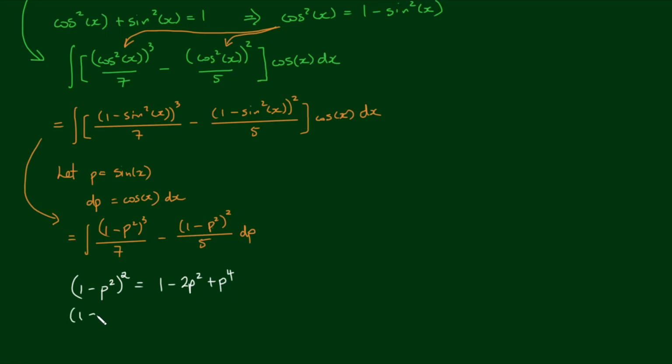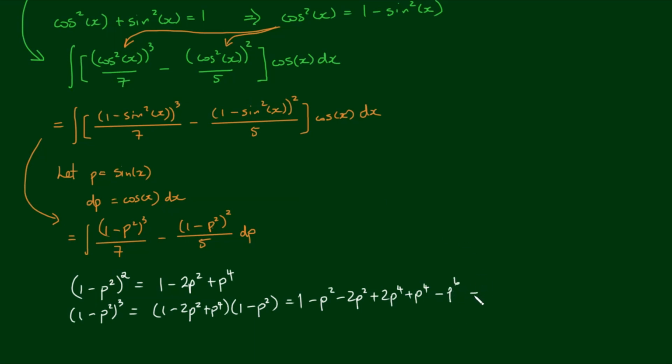And then (1 minus p squared) cubed is equal to (1 minus 2p squared plus p to the power of 4) by (1 minus p squared), which equals 1 minus p squared minus 2p squared plus 2p to the 4th plus p to the 4th minus p to the 6th power.